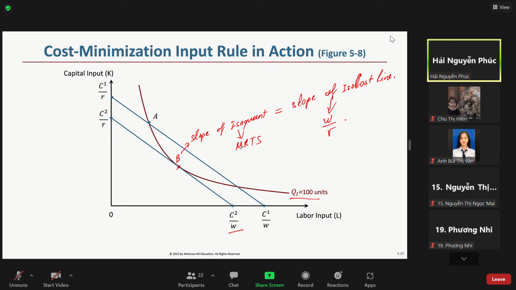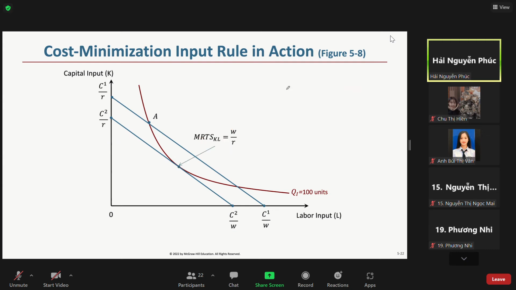The manager should choose the point where we have MRTS equal to the ratio of input prices, W divided by R. MRTS equals W divided by R, right? So here is the rule of choosing the cost minimizing combination of input.